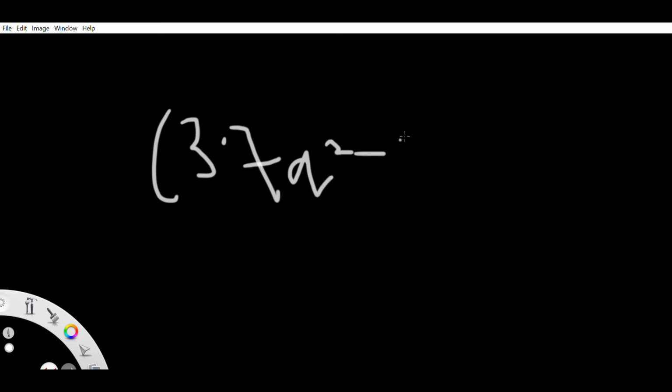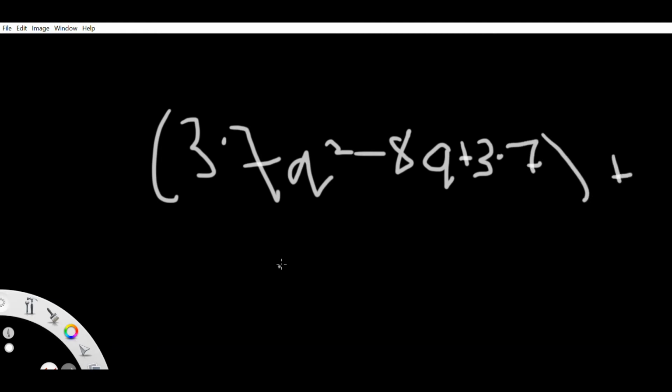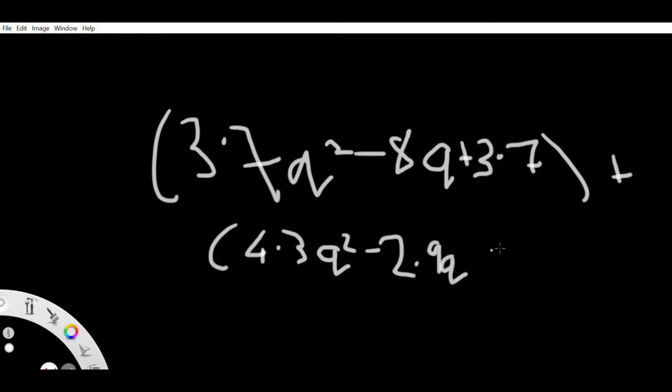And suppose we have another problem where they're in brackets. So we have 3.7 q squared minus 8q plus 3.7, all of that added with 4.3 q squared minus 2.9 q plus 1.6.